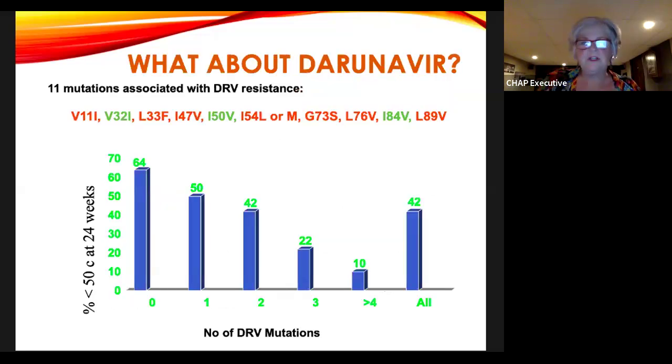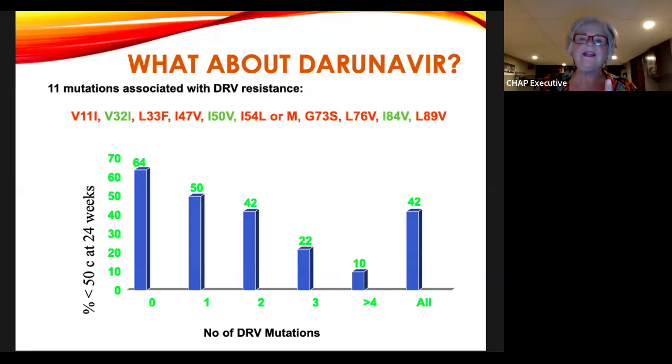What about our second generation drugs? Well, darunavir has proven to be virtually, I shouldn't say impervious to the resistance, because there are 11 mutations that have been associated with darunavir resistance, but it truly is a second generation drug that has been built with a lot of flexibility in the active pocket, and it requires a lot of protease resistance before you lose the benefit of darunavir.